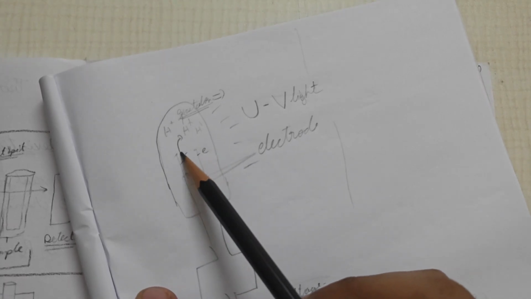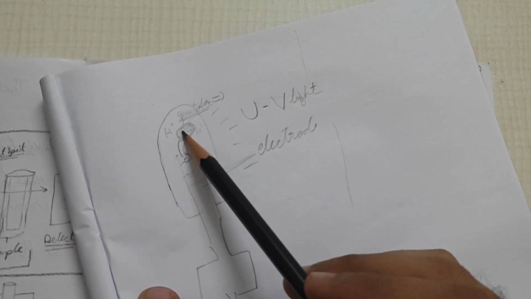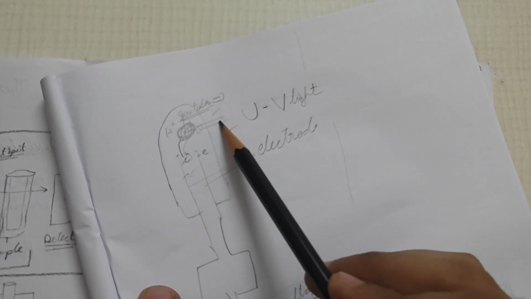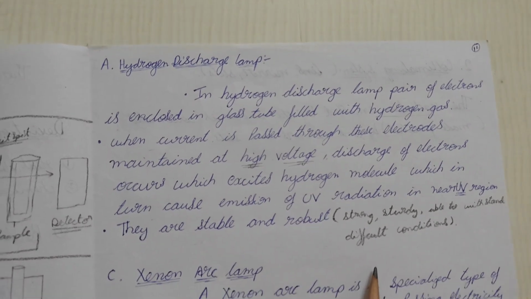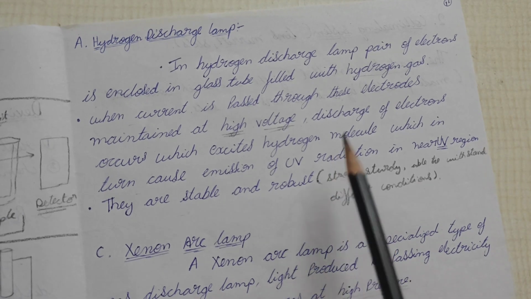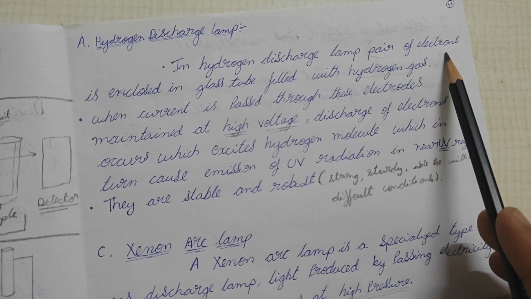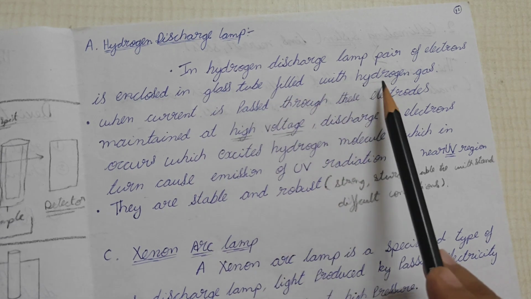These electrons in turn cause excitation of the hydrogen molecule. This hydrogen molecule, after excitation, produces the UV light. This is the basic principle of the hydrogen discharge lamp. As I said, it contains a pair of electrodes enclosed in a glass tube filled with hydrogen gas.